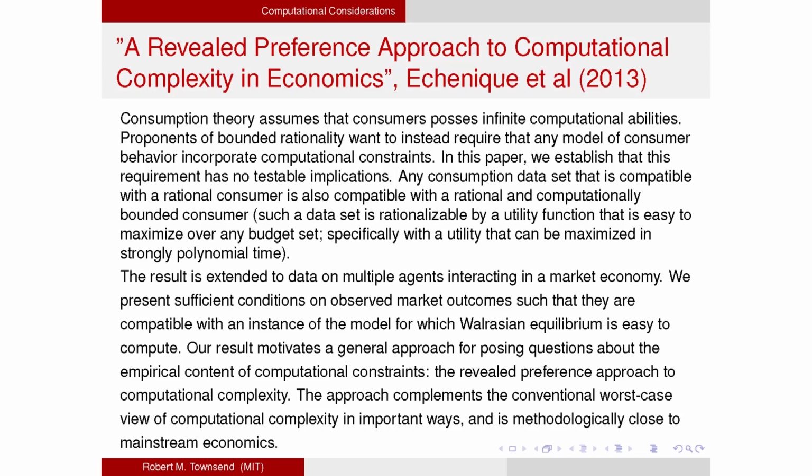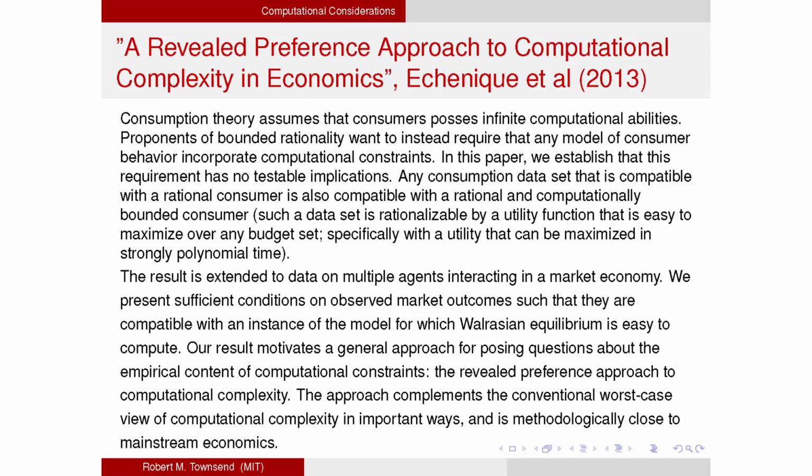Okay, so let me get to the computational part. These guys at Caltech: consumer theory assumes consumers possess infinite computational abilities, like they can solve max problems and potentially hard problems. Proponents of bounded rationality want to require that any reasonable model of consumer behavior incorporate computational constraints. In other words, they may not be able to solve a hard problem.